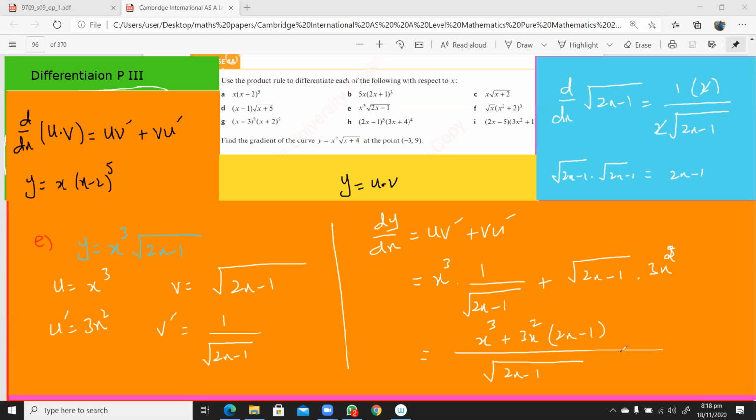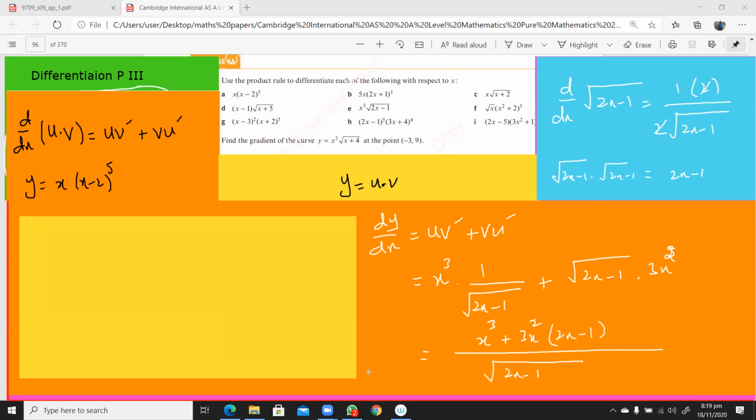Yes. And again, you can take x squared common from here, right? So this will now become, just a minute, the remaining part.